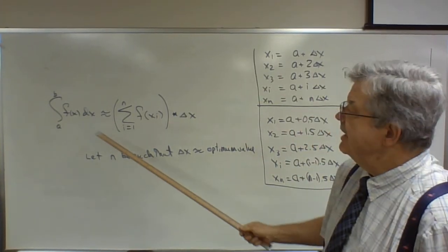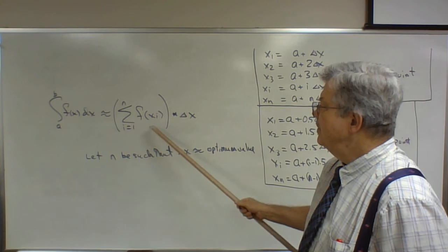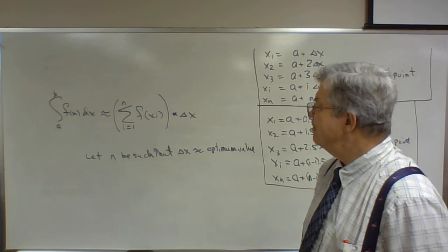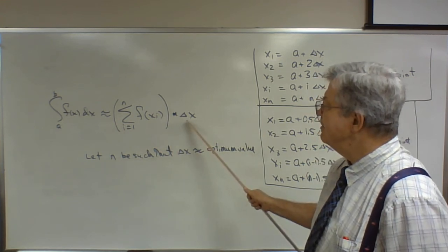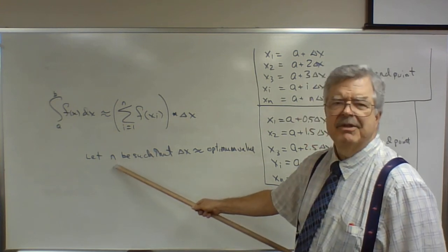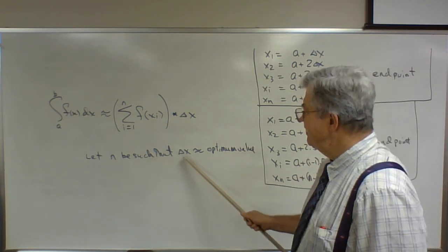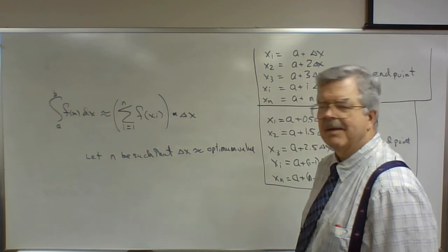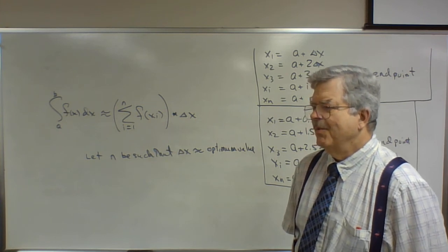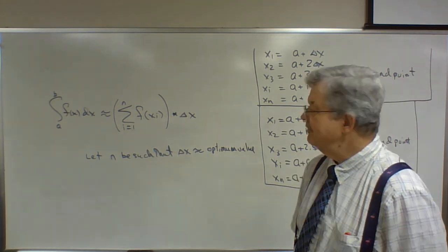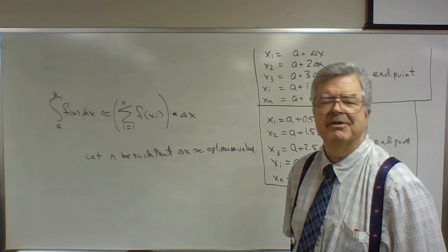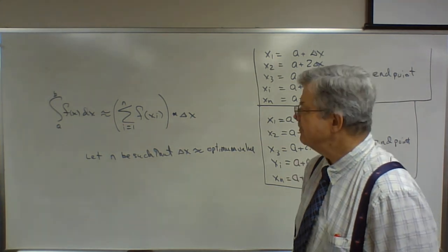So to approximate the definite integral, we add up the sums of our f of x sub i's. And then to cut down on operations, we multiply by delta x at the end. And we just do this once. We let n be such that delta x is approximately the optimum value. And I guess that depends on what precision the variables are and so forth. But we'll probably use 0.001 or something like that.